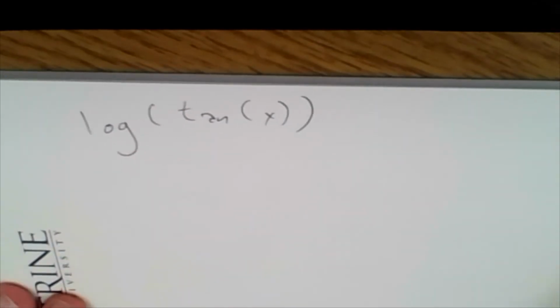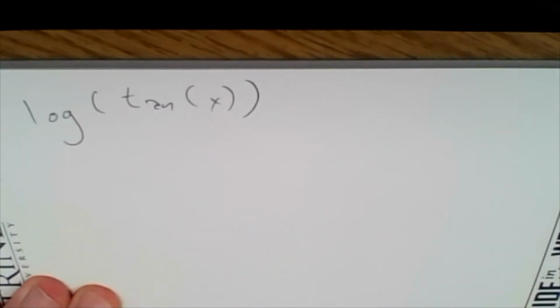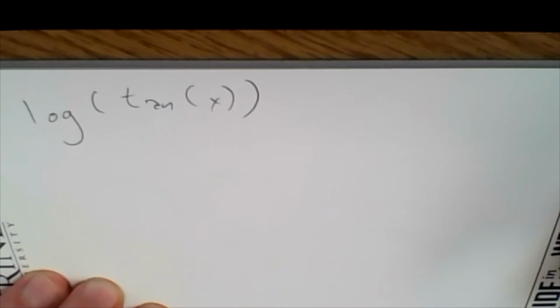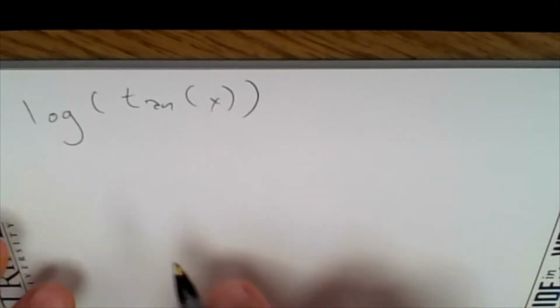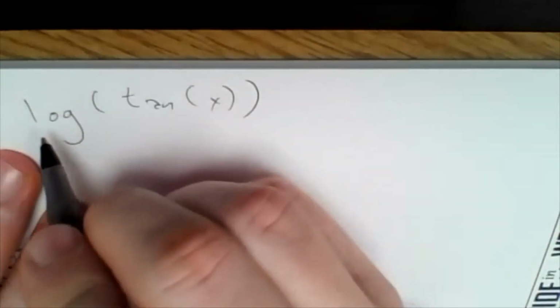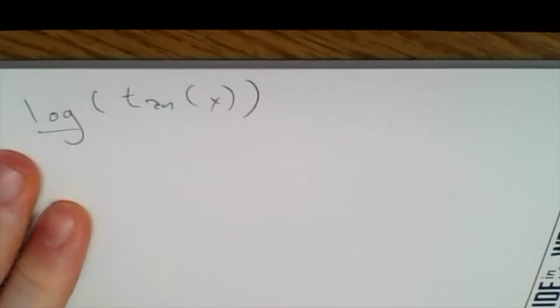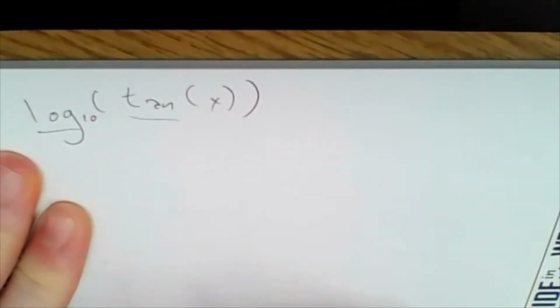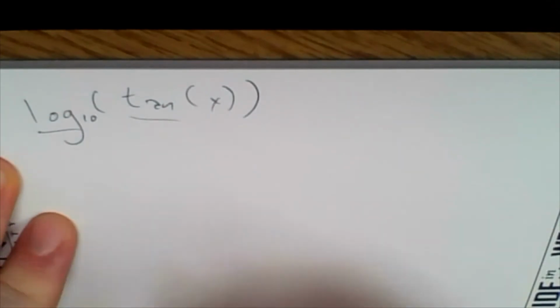So let me take this same problem now, but working from outside in, I won't be writing those same notes to myself. So I look at this, I identify the outside function is my log base 10. My inside function is the tangent.